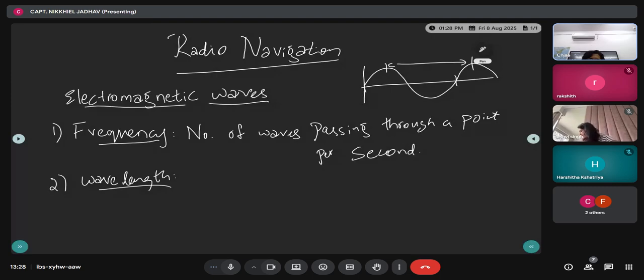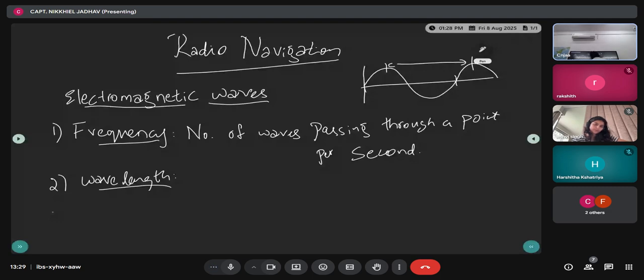Next is phase difference, or phase. Phase difference is when you take two waves of the same wavelength or same frequency, whatever the difference between them is will be the phase difference.